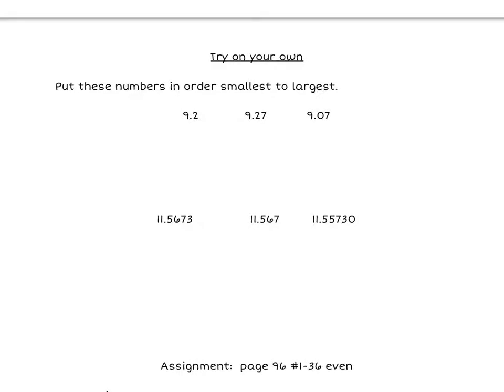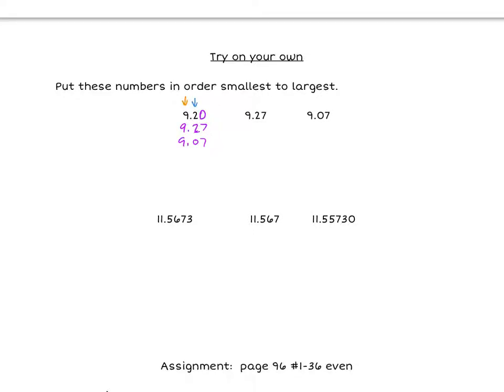So let's try a couple here. So I line them up: 9.2, 9.27, 9.07. If you'd like, you can always add a number on the end to make them the same length of decimals. So first step, look here, all 9s. Second step, look here, we have two 2s and a 0.